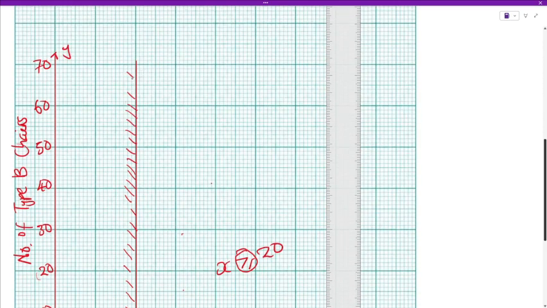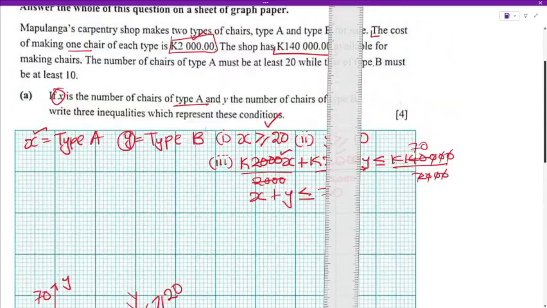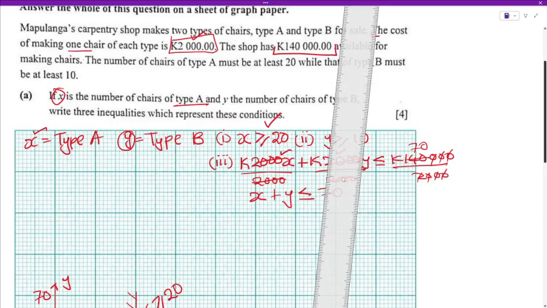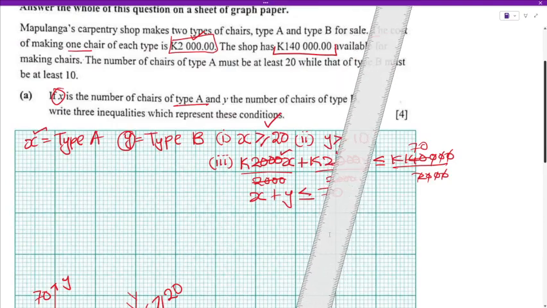Of course, much better than what I'm doing right here. Then you're going to name your inequality to say this is x is greater than or equal to 20. We now proceed to the other inequality, which is y is greater than or equal to 10.